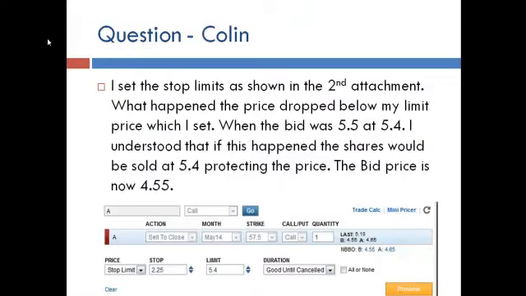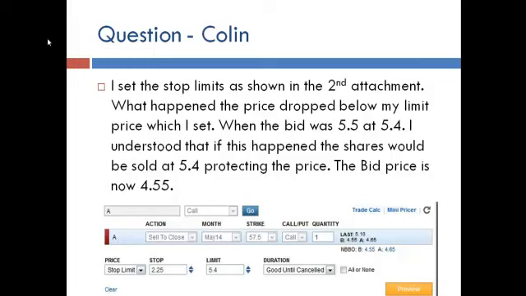Okay, and Colin also asked another question. He said, I set the stop limits as shown in the second attachment. So he placed the trade and he set the stop limit. What happened? The price dropped below my limit price, which I set. He set the limit to $5.40 when the bid was $5.50.